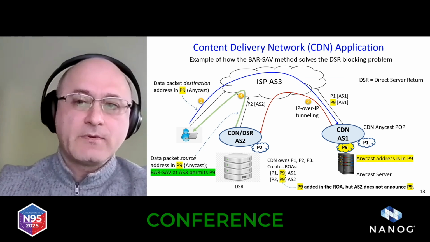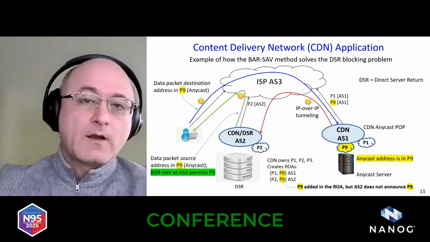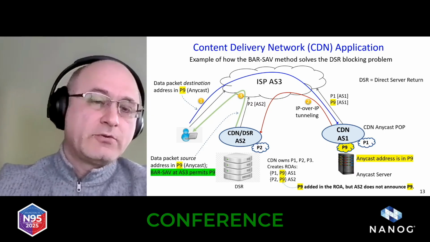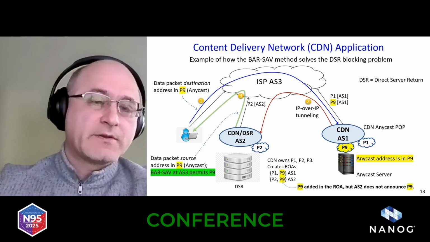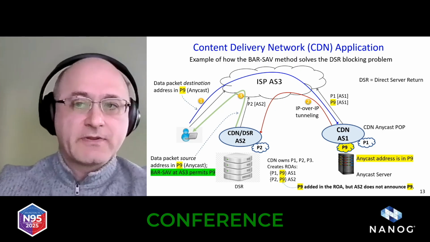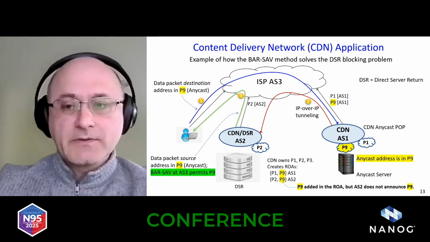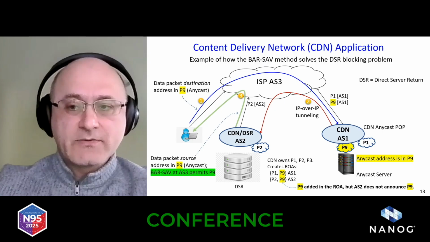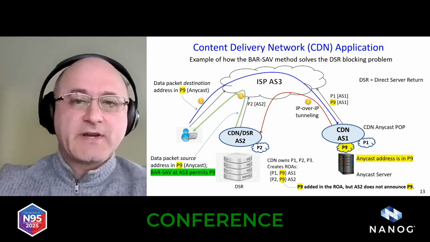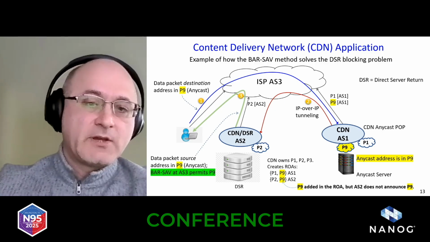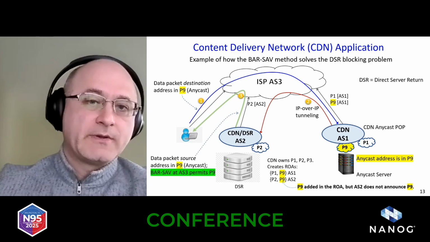The anycast prefix is prefix 9. So you have a user who is sending a packet to prefix 9. It's received by AS1, which decides that the CDN node to serve the traffic should be in AS2.